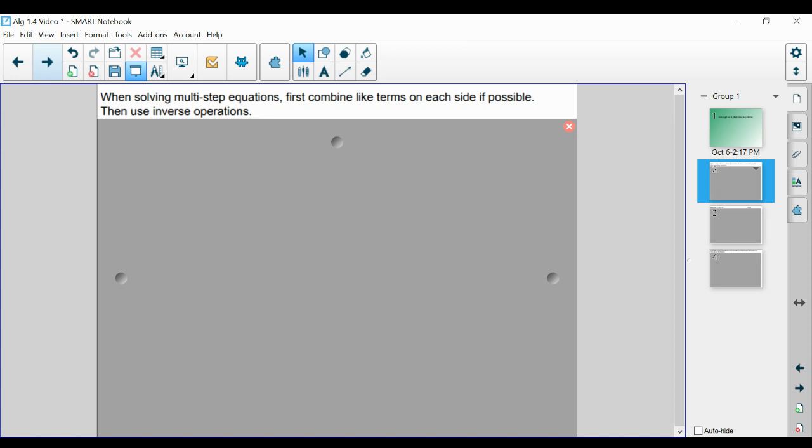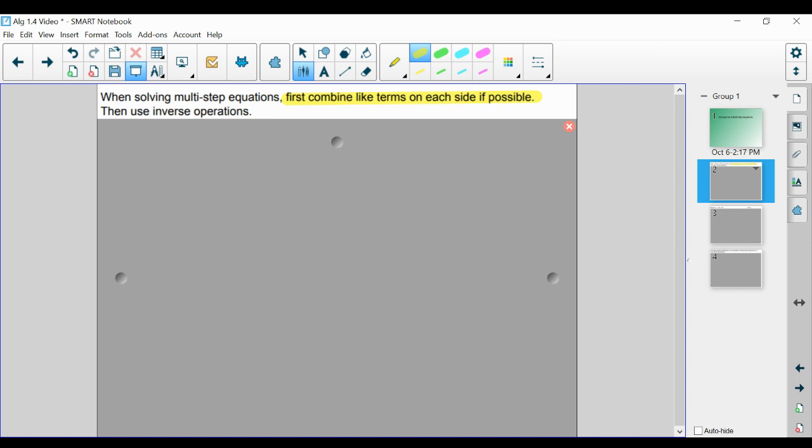So when solving multi-step equations, we first combine like terms on each side, if at all possible, and then we're going to use inverse operations. Now, I will say a lot of students forget this first piece. We always want to combine like terms first on each side of our equal sign.